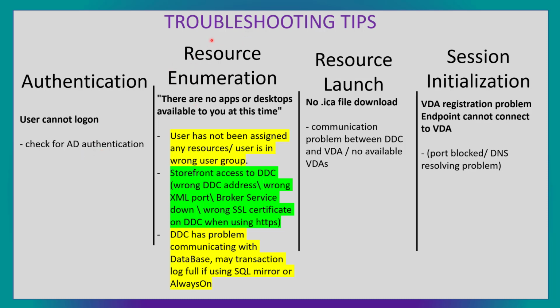Check under resource enumeration: if there is no app or desktop available for the user, maybe the user has not been assigned any resources or is in the wrong user group.